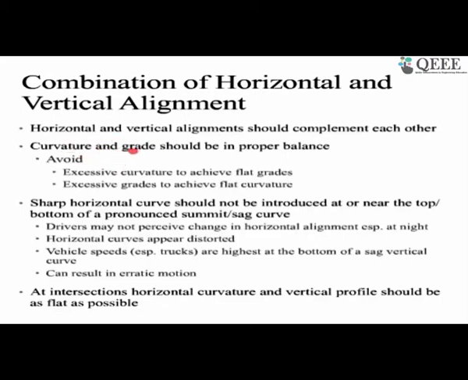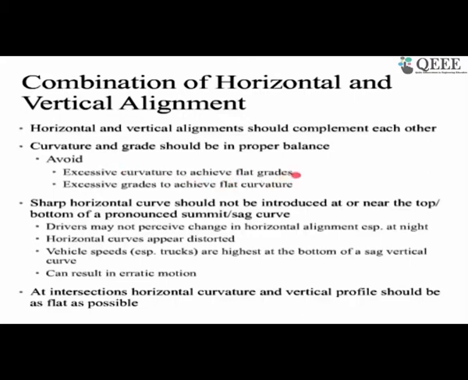When there is a proper balance, we can avoid two situations: excessive curvature to achieve flat grades, and excessive grades to achieve flat curvature. Someone was asking, if the summit curve is so difficult, then why can't we flatten it?